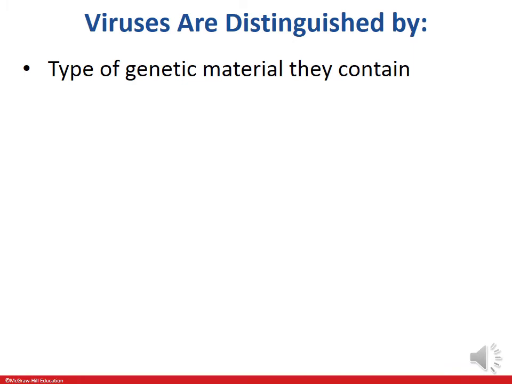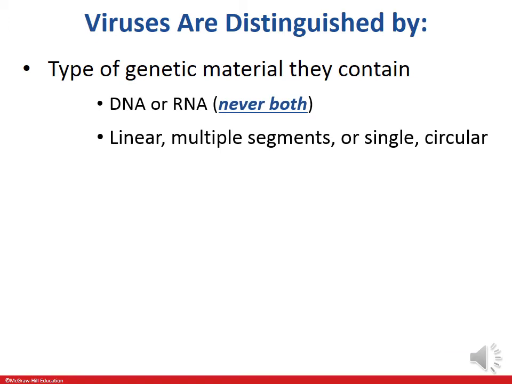So viruses can then further be broken down by the genetic material that they contain. So for example, they can either have DNA or RNA. They would never have both forms of that genetic material. But they have much more variation in how that DNA and RNA is put together than most cells. We'll talk about how that DNA is organized. It can either be linear, like ours, right?